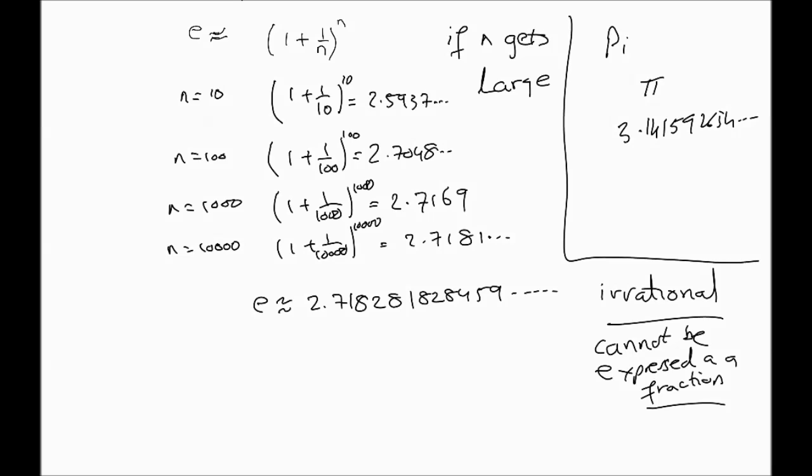So if you measure the circumference of any circle, doesn't matter how big or how small it is, and you take its ratio with its diameter, you will find that it always gives you this number. In other words, if you divide the circumference of any circle by its diameter, which is twice its radius, you will always get the number pi.